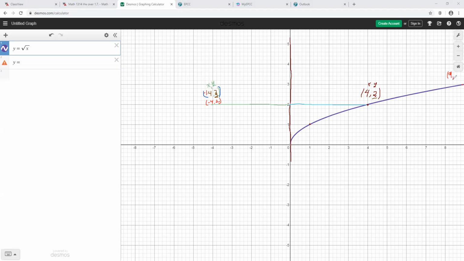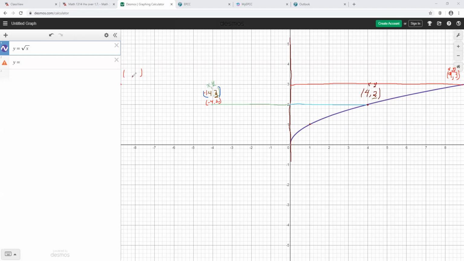The square root of 9 is 3. x comma y. And what's going to happen to this point when you reflect it? How far is this point, Griselda, away from the y-axis? How far away is it right now? 9. And so when you reflect it over the y-axis, it's just going to be how many units over here? 9. -9.